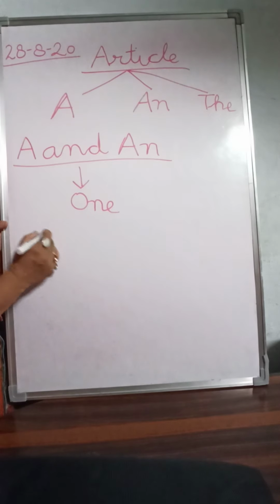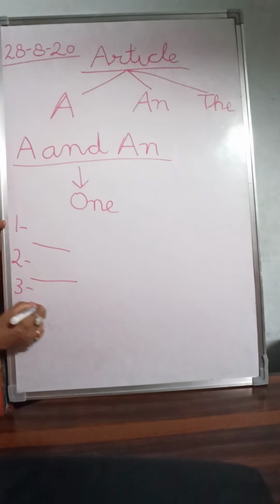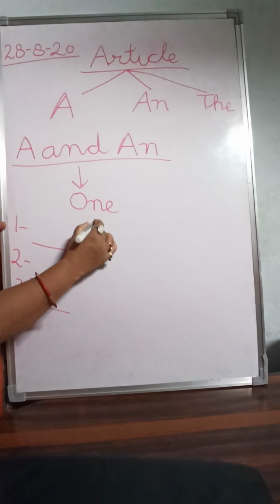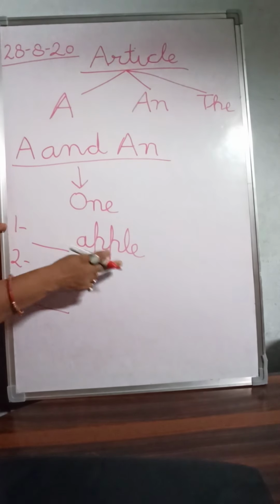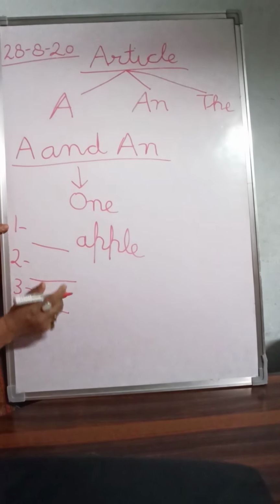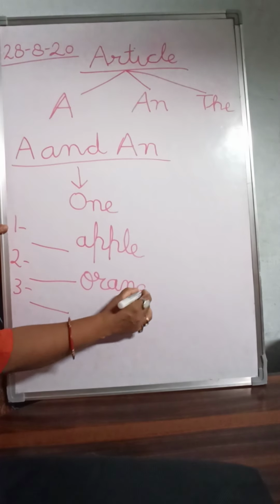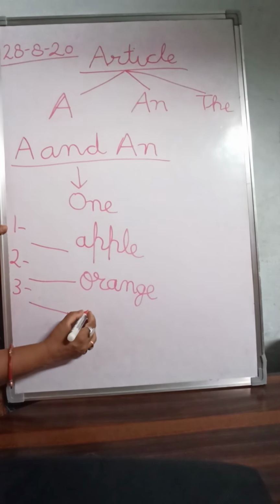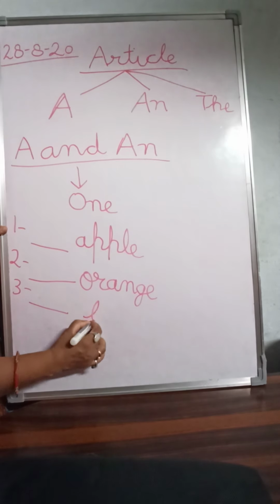Okay, see. First I am writing here some examples. After that I will explain why I have written here a and why I have written here an. See children, my first word is apple. Second word that I have taken is orange. And third word that I am going to write is bag.